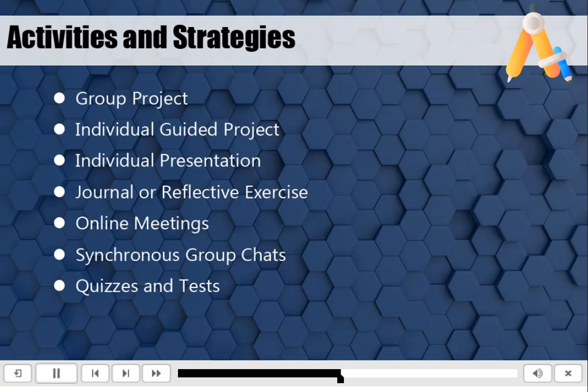Same goes for the individual project. The instructor is having them submit items along the way and providing substantive feedback. The student then is integrating the feedback into their project.